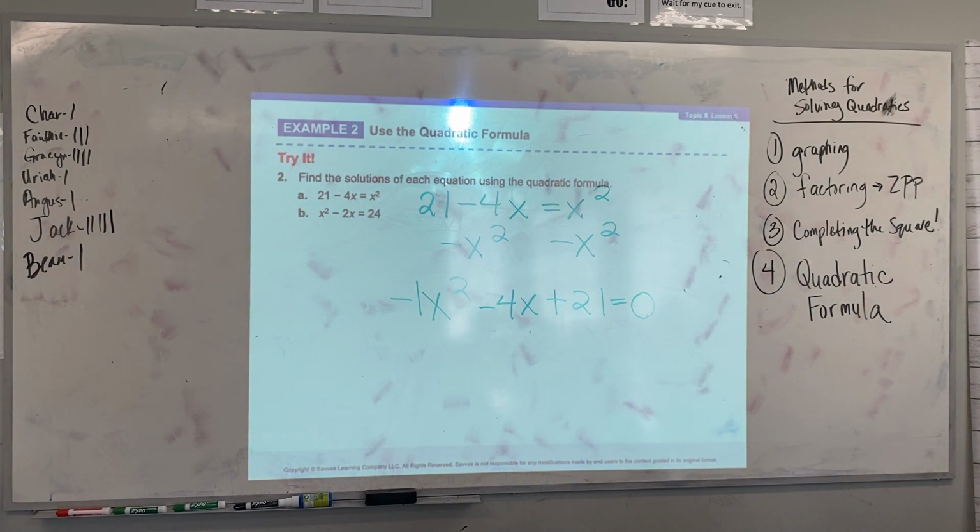So this would be negative 4 for the B. And this would be B, A, C. A is negative 1.